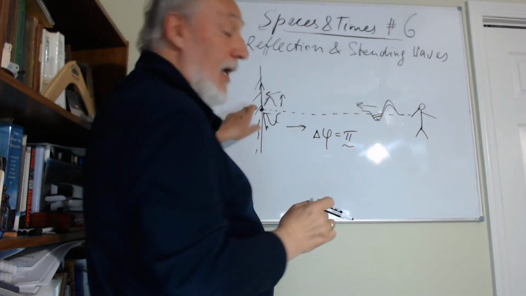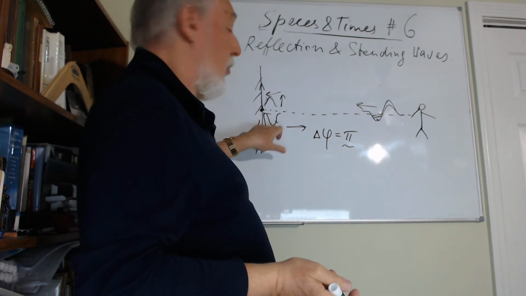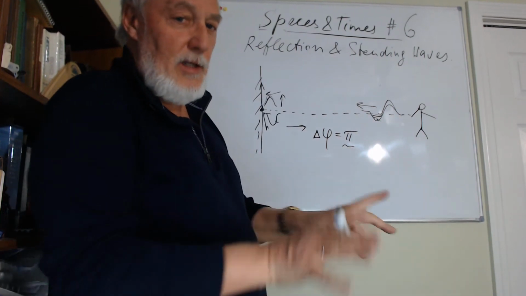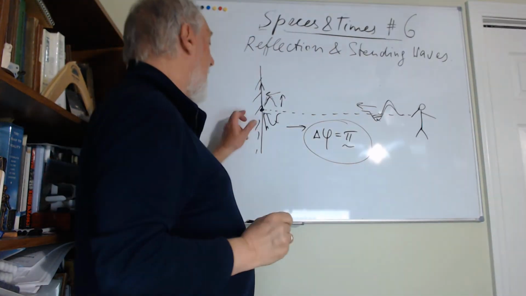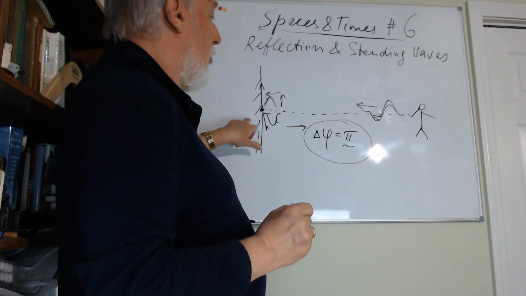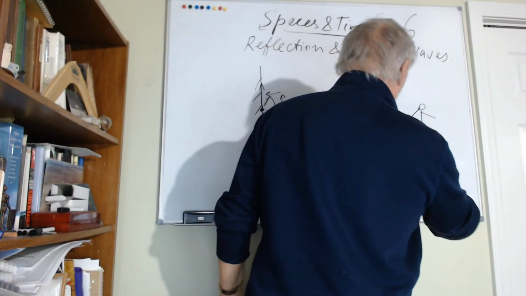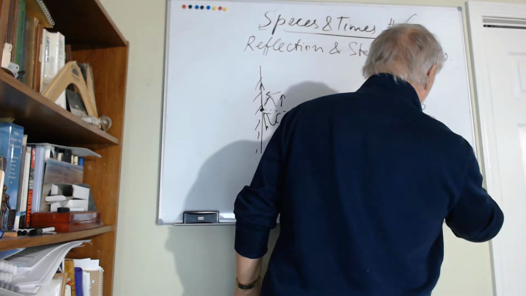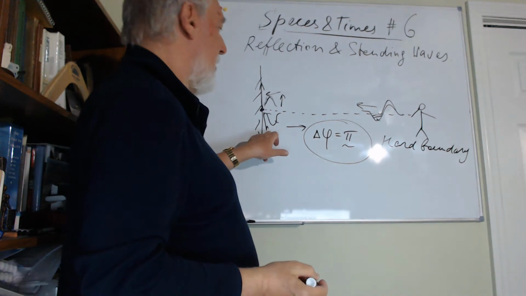But the wall, because it's the opposite law, tries to pull the string back, and that's why it goes down. And that's why there is the so-called hard reflection. It's called hard reflection. Hard boundary, actually. This is a hard boundary.